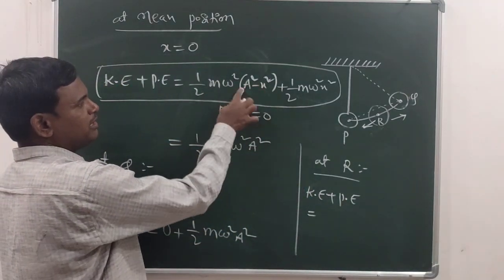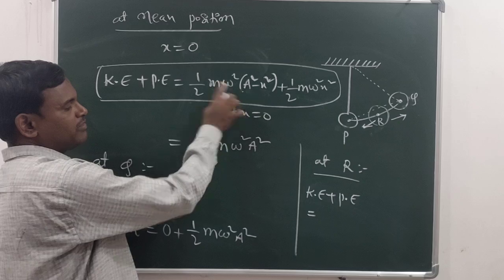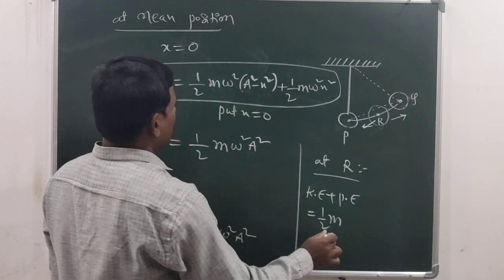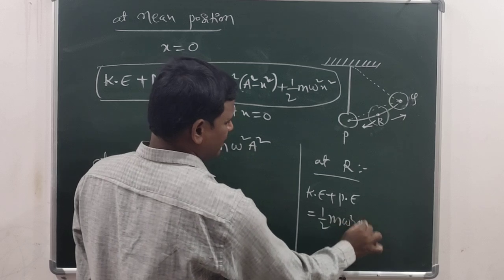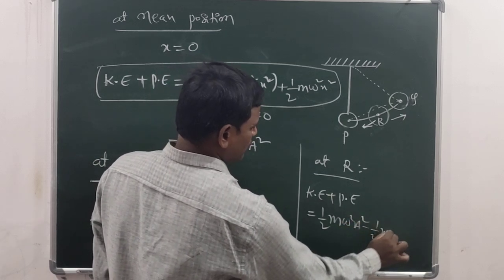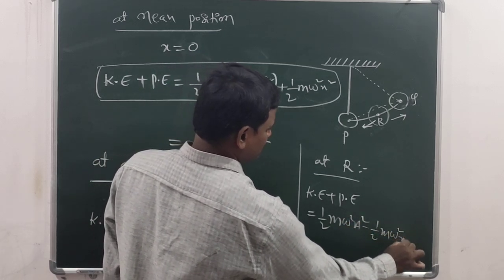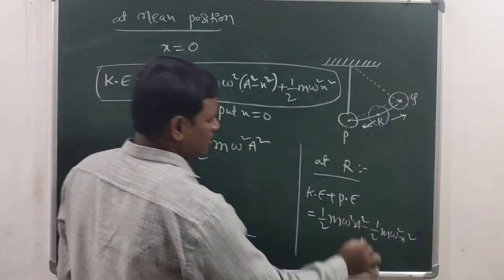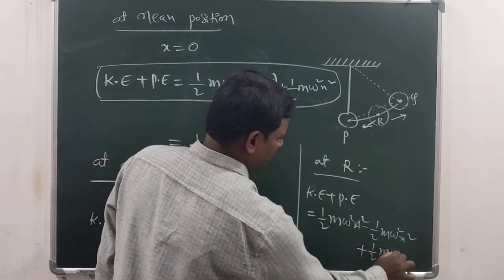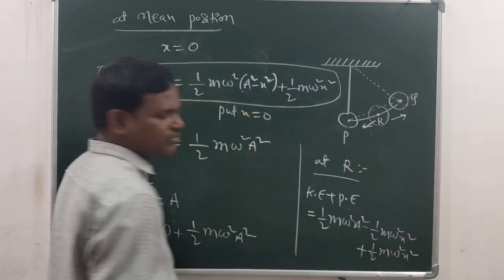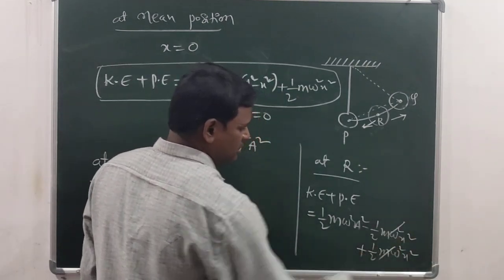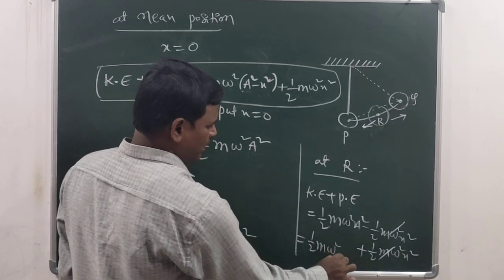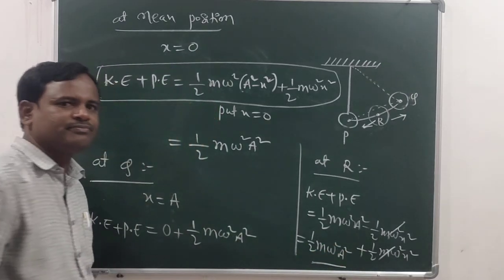Multiply these two with half m omega square: half m omega square a square minus half m omega square x square. Plus potential energy, half m omega square x square. Now on simplifying, this part can be cancelled. 1 by 2 m omega square a square you got.